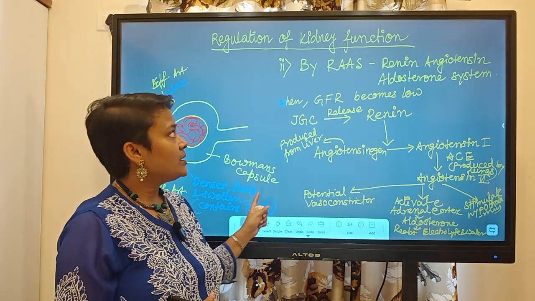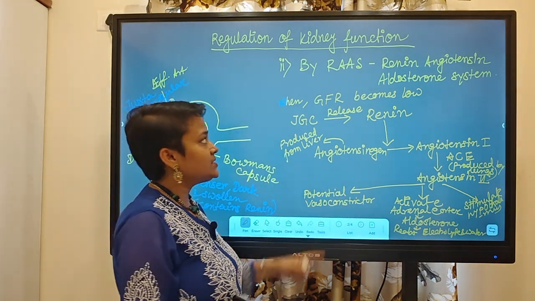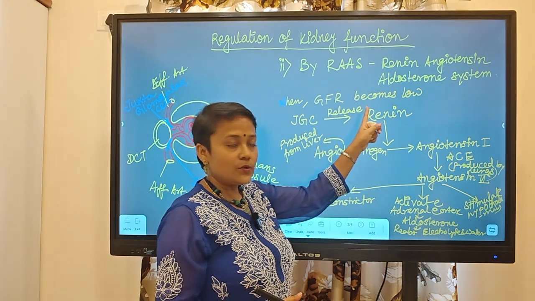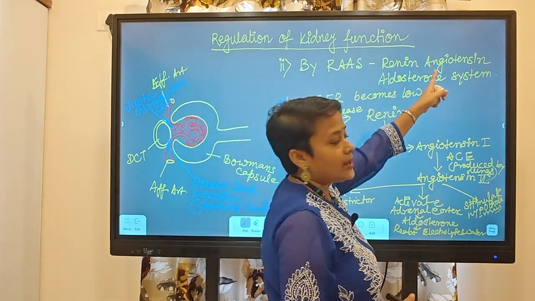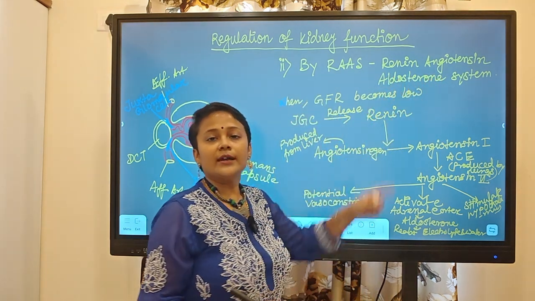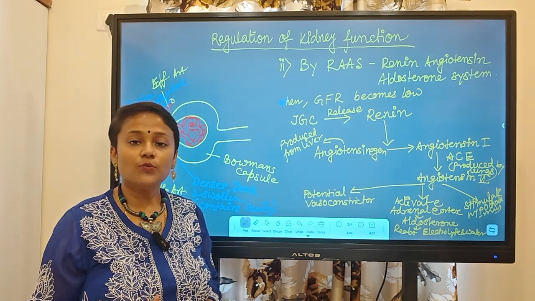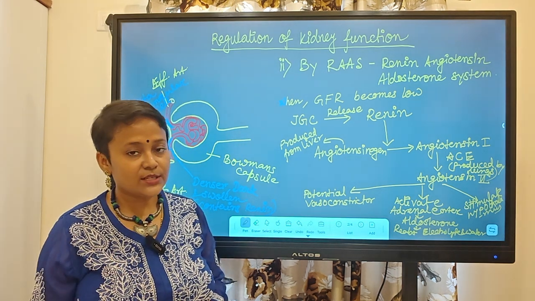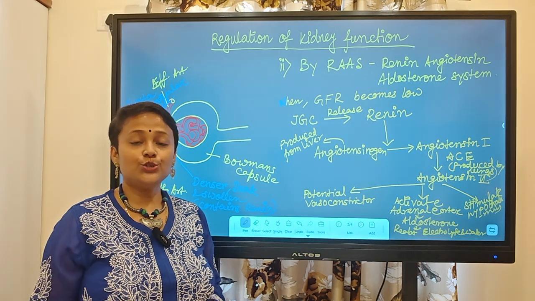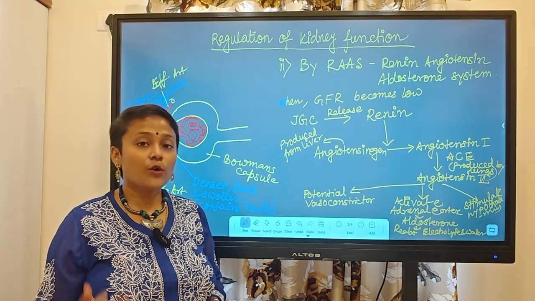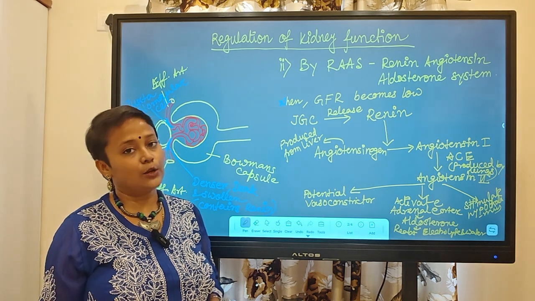So here it is called the RAAS system, meaning first there will be release of renin when GFR is low. That renin can convert the angiotensinogen to angiotensin 1. Angiotensin 1 will be converted to angiotensin 2 in blood, and angiotensin 2 will stimulate the adrenal cortex to produce aldosterone.